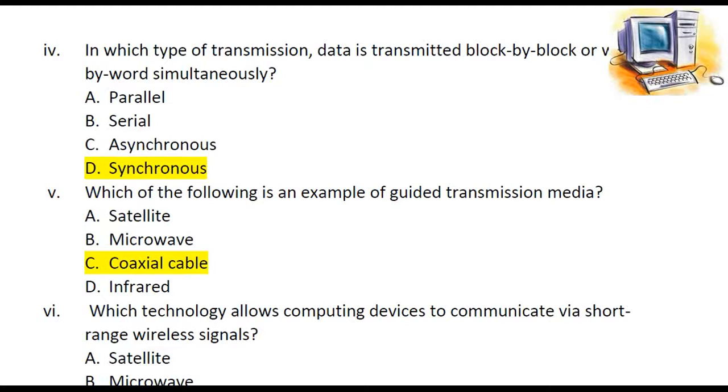Guided transmission media means the wired media where physical wires are used for communication. So coaxial cable is a type of wired transmission media which is used for transmission of data.